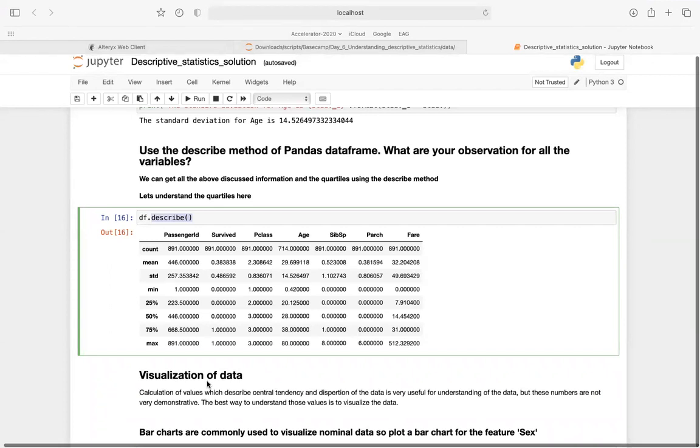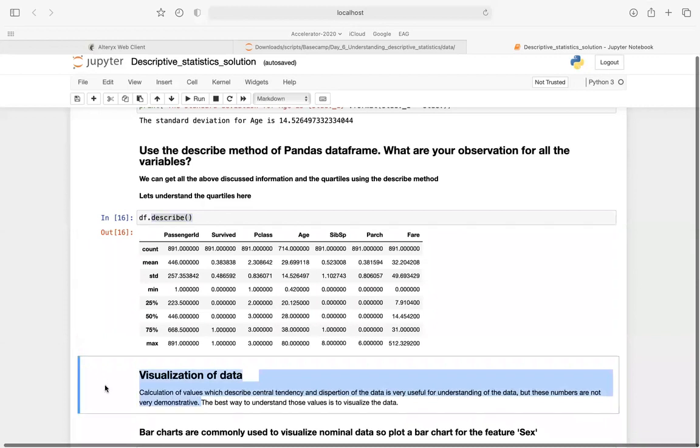We are just getting some numbers which we want to use to tell the story around the data. But another very important way we can do that is using visualization. Calculation of values which describe the central tendency and dispersion of the data is very useful for understanding the data, but these numbers are not very demonstrative.